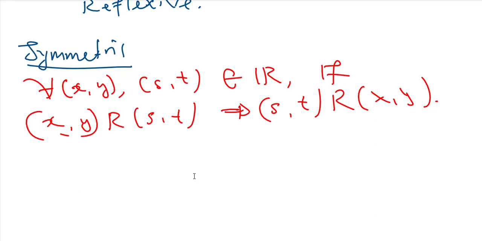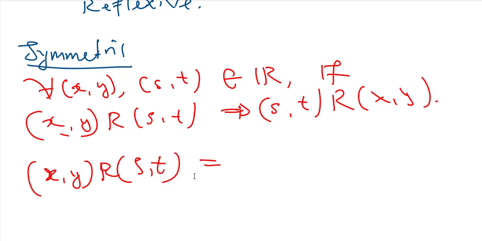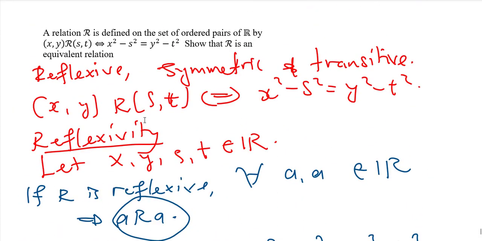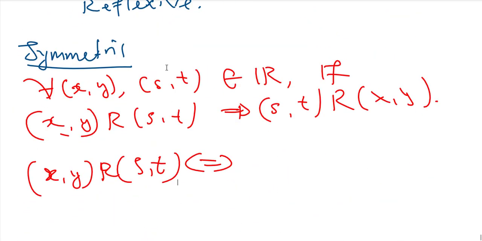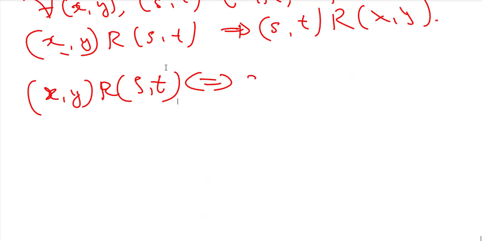Now, what do we know? We know that (x, y) in relation with (s, t) is true if and only if x squared minus s squared is equal to y squared minus t squared.